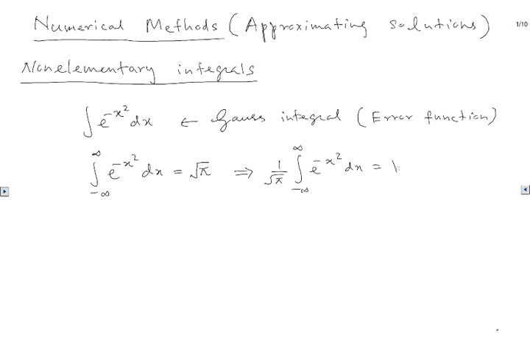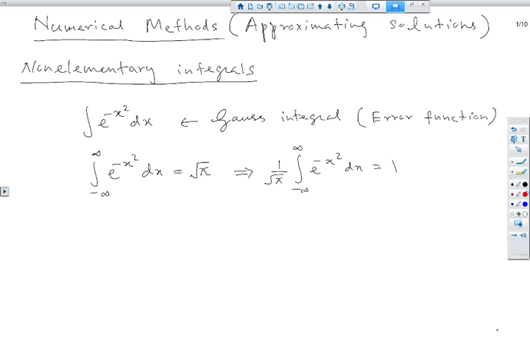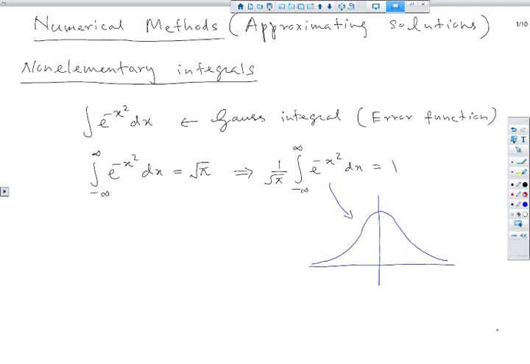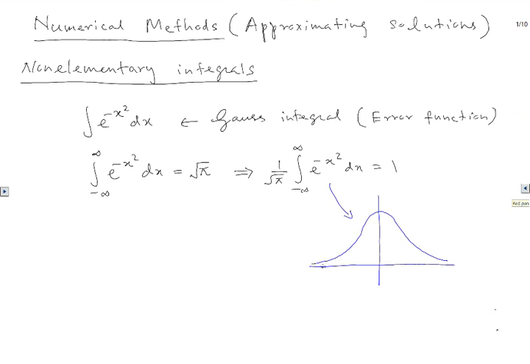So this is the reason why we use this, what we normally call the bell curve in statistics. If you graph it, this is what you get. That's the graph of this function, and what this says is that the area under the curve is 1.